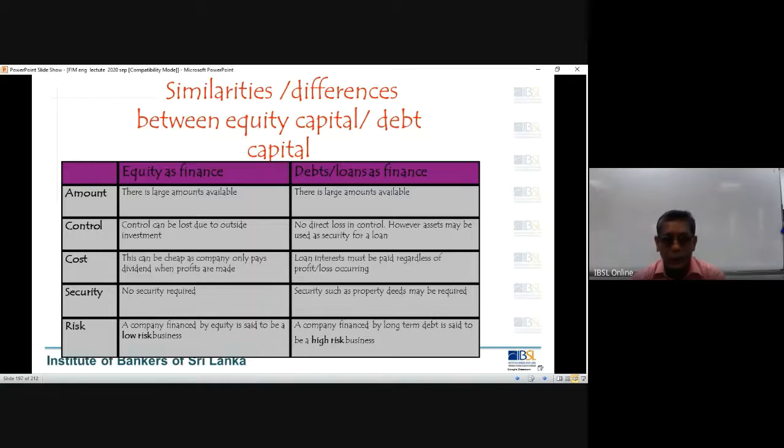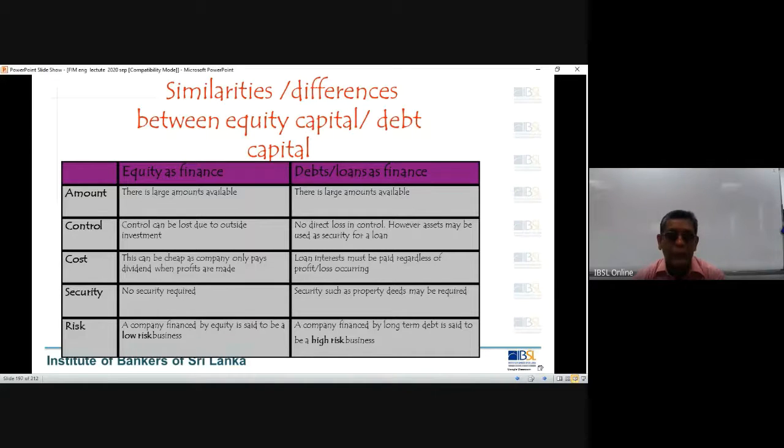But the moment you issue more shares, there is dilution of stakeholder ownership, so control can be lost due to outside investment. With debt there is no direct loss of control, but an asset is used as security for a loan, so you need to have an asset.